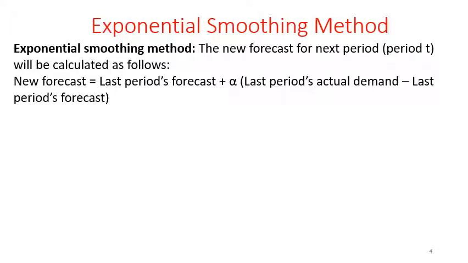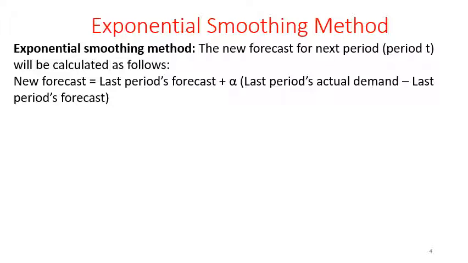The new forecast Ft will be equal to the last period's forecast, where forecast is denoted by capital F, and since the current period is t, the last period will be t minus 1. So, the last period's forecast plus alpha into last period's actual demand minus last period's forecast.